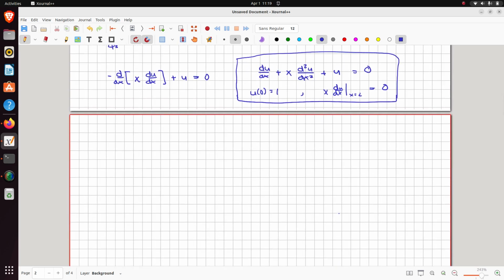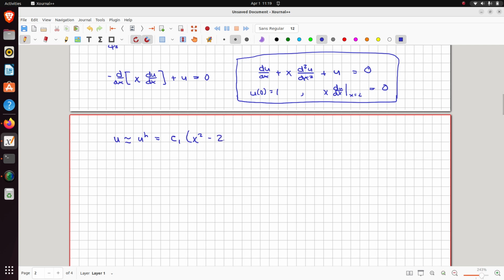And now we're going to plug in our approximating functions that we chose somewhat randomly. So we have u of x is equal to C1 (x squared minus 2x) plus C2 (x cubed minus 3x) plus 1.